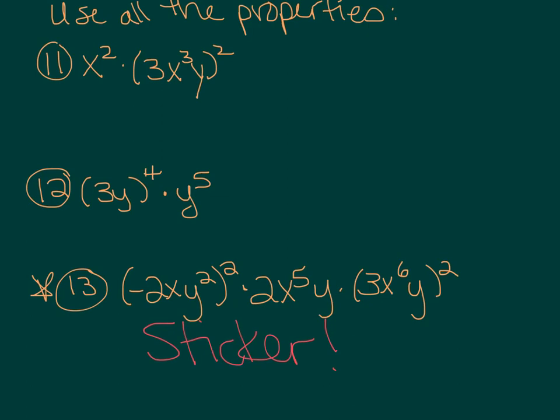But before you do that, I want you to try 11 and 12. If you feel comfortable putting several properties together, go for it. Try it on your own and pause the video. If not, I'm going to do them right now.